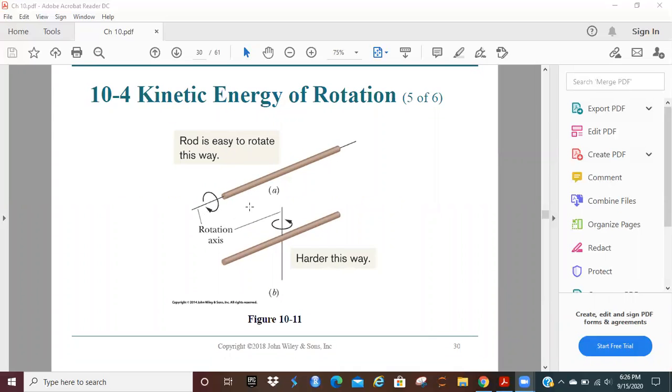Here we have, if the axis is going through the long part of whatever this tube or rod happens to be, then the rod is easy to rotate on that axis of rotation. A little bit harder to rotate it around the middle like this. And you can probably see why. Even if this is uniform, the mass really doesn't change.